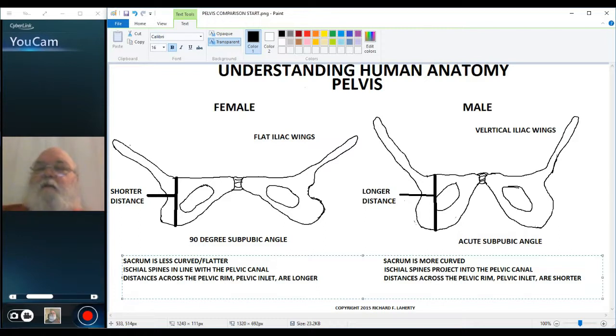You may have a male type ischial spine, for example, projecting into the pelvic canal in an otherwise female looking pelvis. So what you need to do is look at several of these characteristics, and if most of them are of the female variety, then you would call it a female pelvis. If more of them are the male variety, you'd call it a male pelvis.